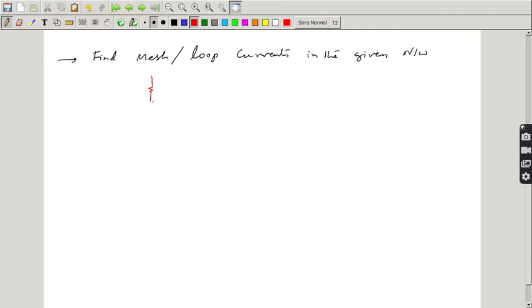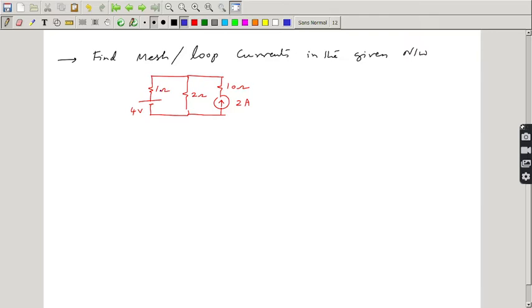There is a voltage source and a resistor, and the current source is given. This current source has direction upward, 2 amps. This is 10 ohm, this is 2 ohm, this is 1 ohm, and the voltage source is 4 volt. Okay, so now you can go with the procedure.